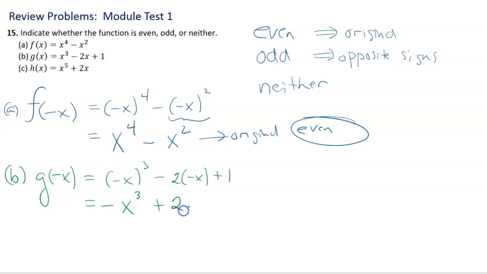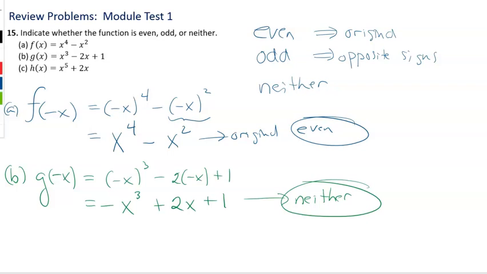That gives me plus 2x, and the plus 1 just carries along. Now, notice the signs. Compared to the original g of x function, this negative x to the 3rd changed from positive. This positive 2x changed from negative, but the positive 1 is still positive 1. So this is a neither problem. It does not match the original, and it is not completely opposite of the original either.